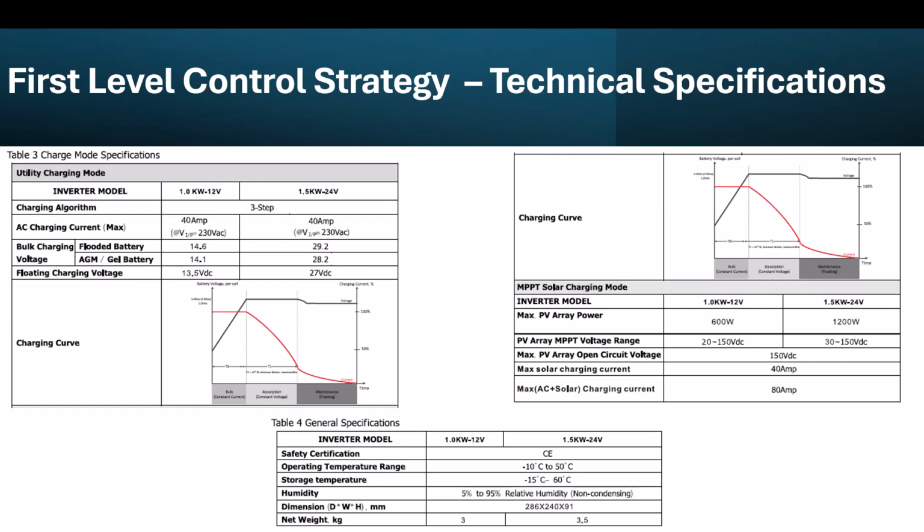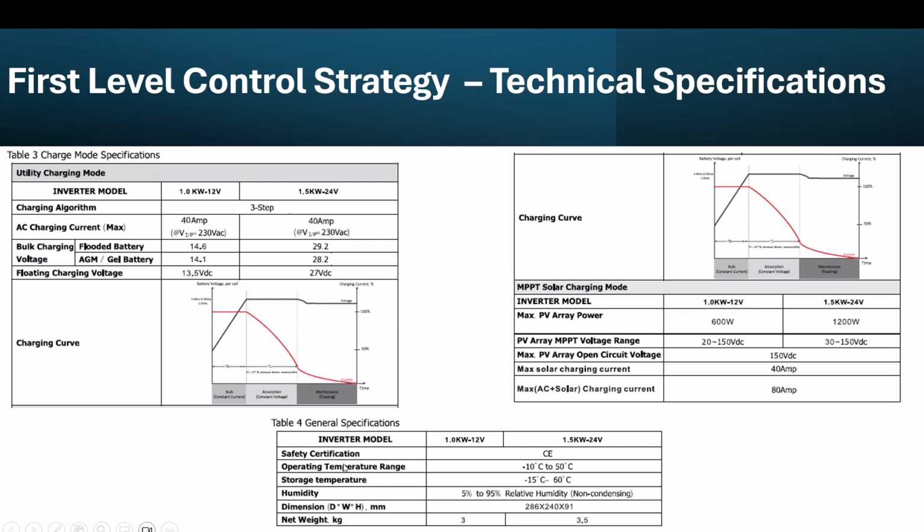So what is the first level control strategy if we dive into a user manual? If we look at an inverter, the first level control strategy that you have is the technical specifications. The technical specifications give you the first level control strategy.